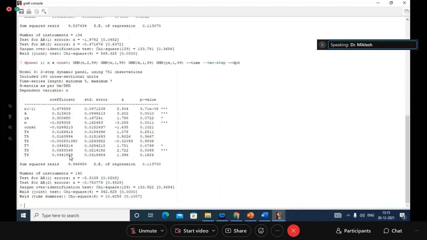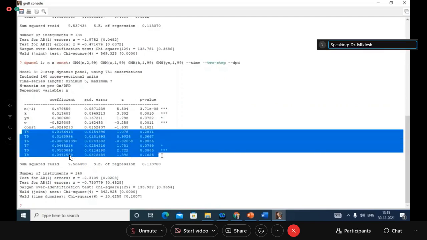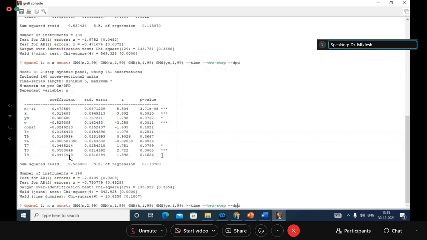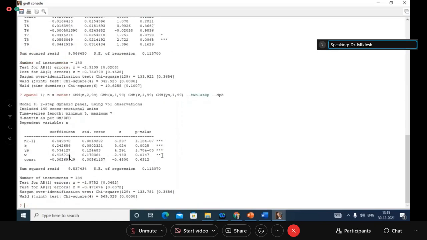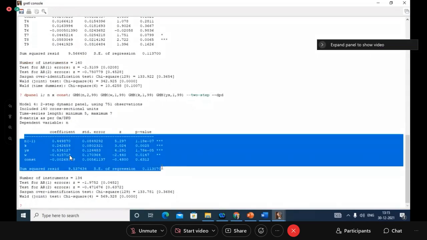When you do that, you get the time dummy also. But again, it depends on your objective. If your objective is not to check the dummy, then no problem. Without doing this, you can go for this, and then you can get the result. So this is about your one step and two step Arellano-Bond estimator, or you can say difference GMM.